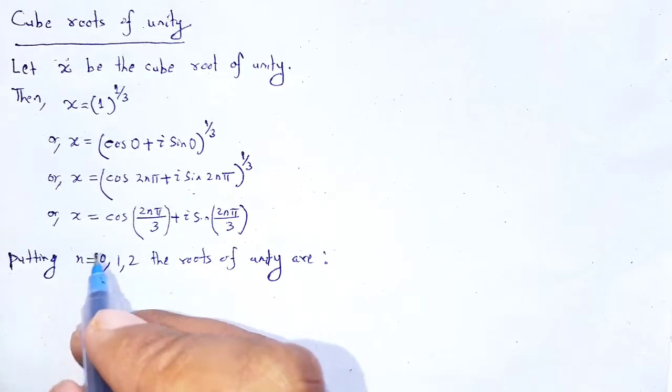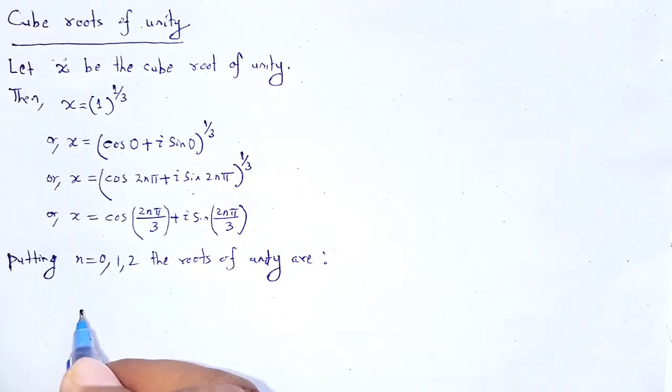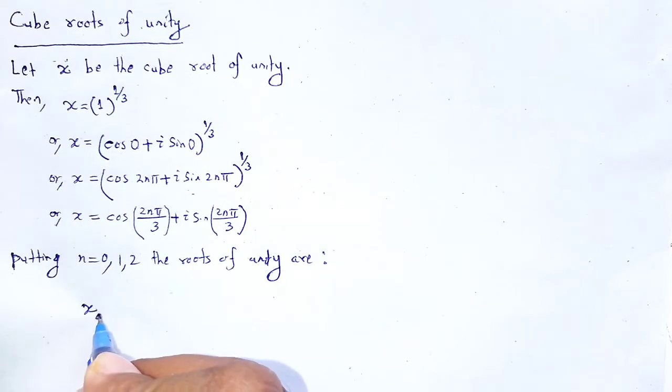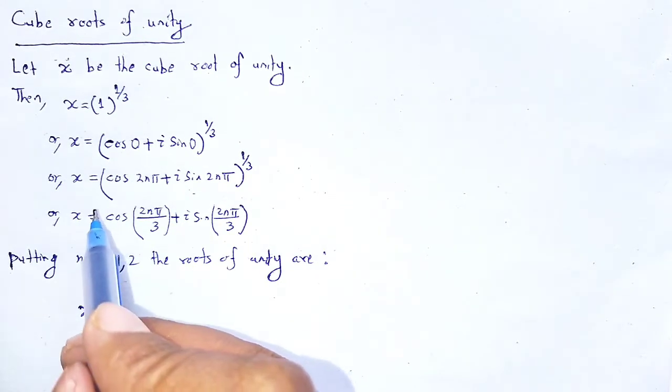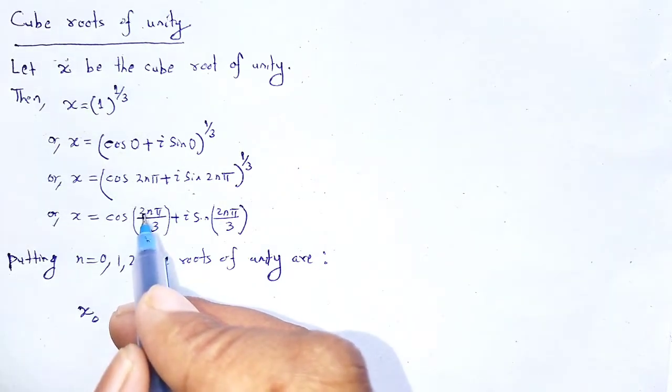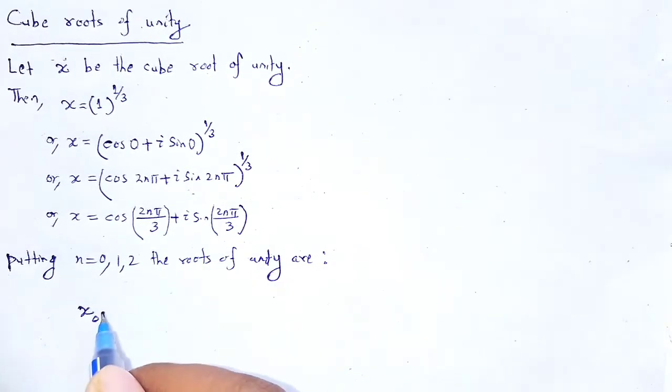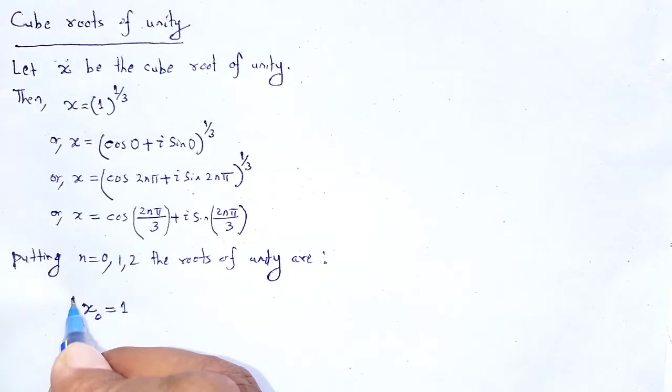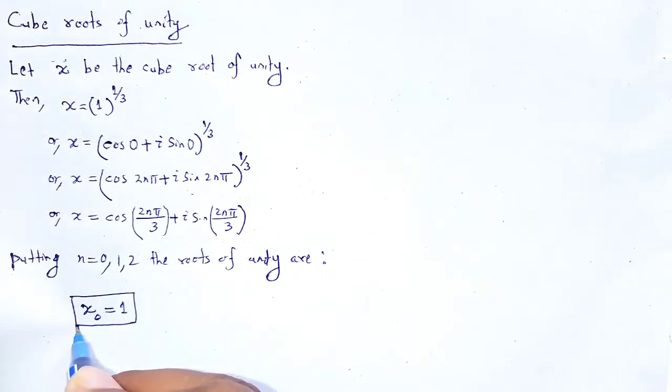When n is equal to 0, we have the first root, x0, that is cos 0 plus I sin 0, which is equal to 1. It is the first root.